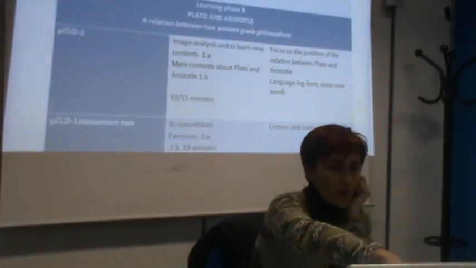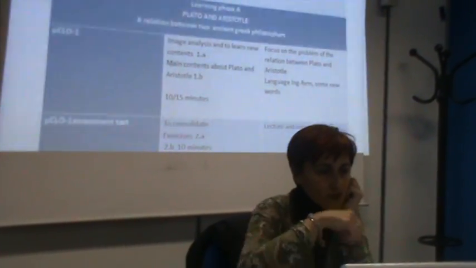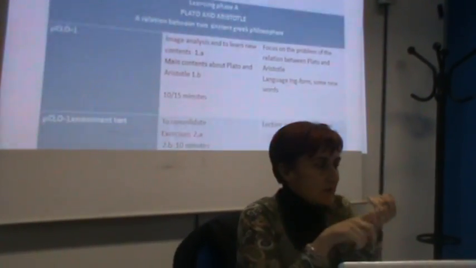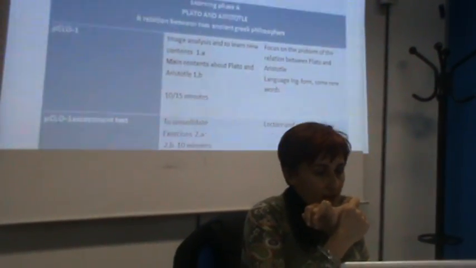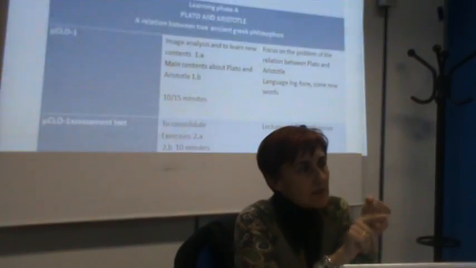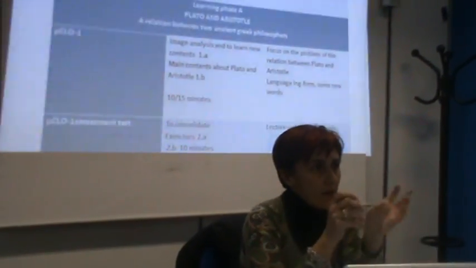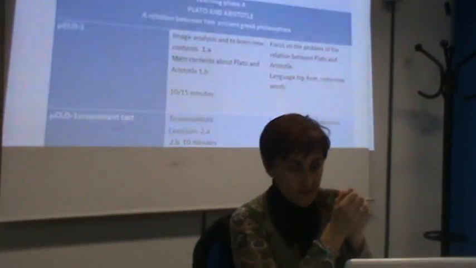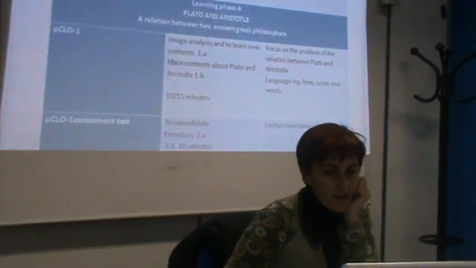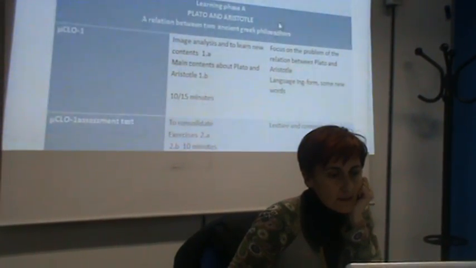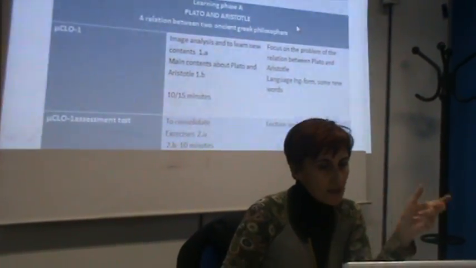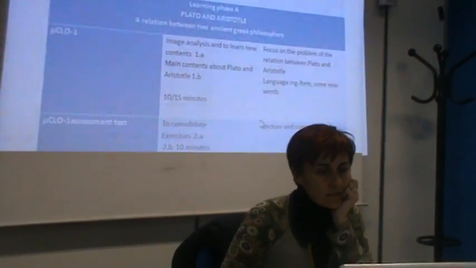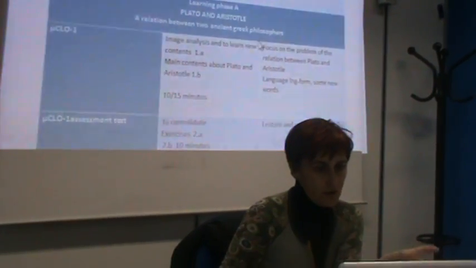We have a manual, textbooks, the pages, and the prerequisite knowledge. Plato and Aristotle are ancient Greek philosophers, and something of deductive and inductive inference. Learning phase A is to compare Plato and Aristotle, the relation between two ancient Greek philosophers.